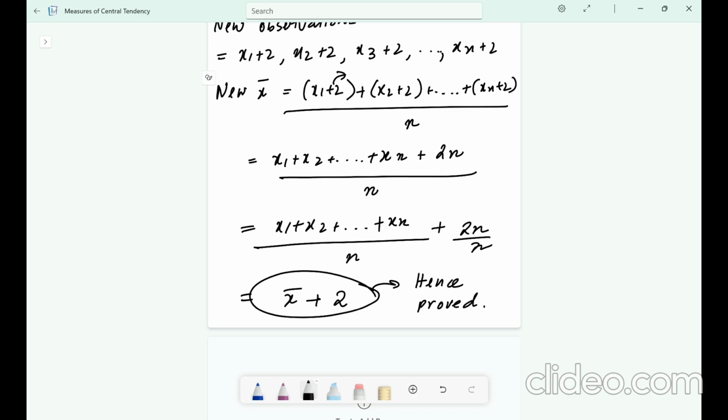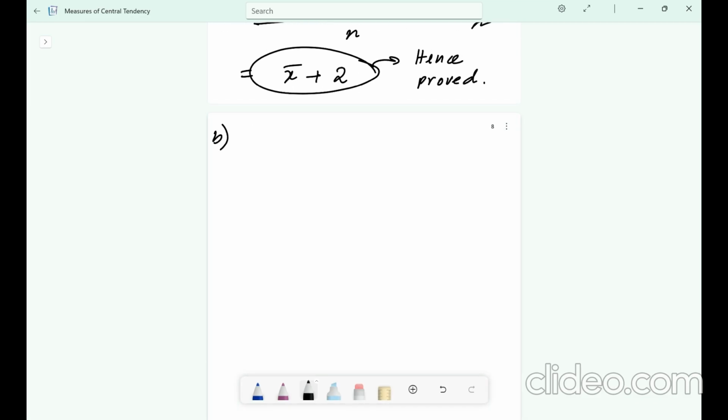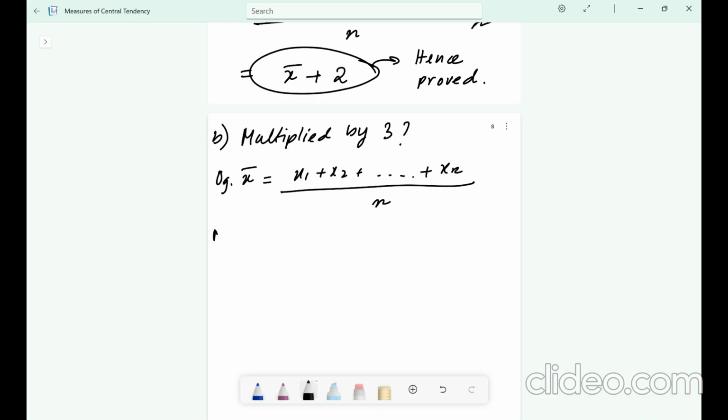Now we will come to the next question to understand the next part. How will the mean be affected if every observation is multiplied by 3? The original mean is equal to x1 plus x2 and so on till xn by n. New observations are multiplied by 3, so they will be 3x1, 3x2, 3x3, and so on till 3xn.